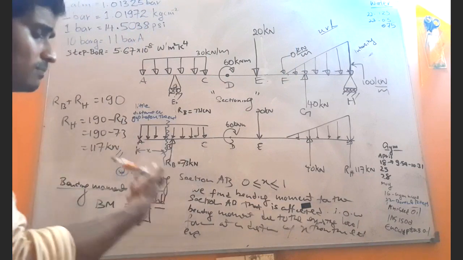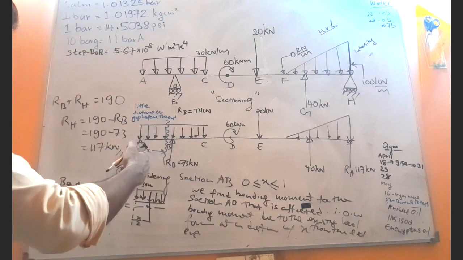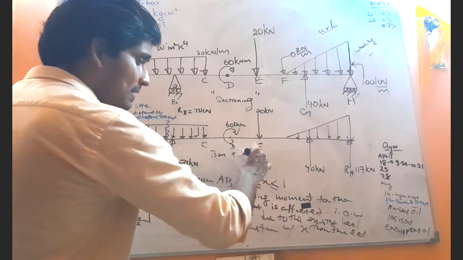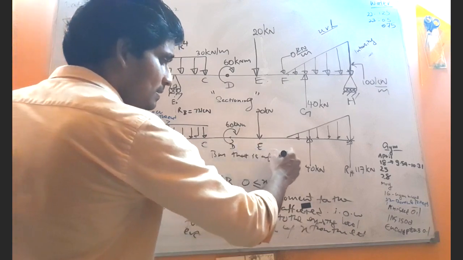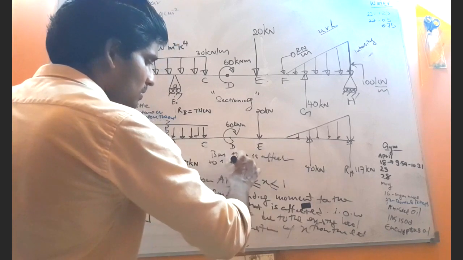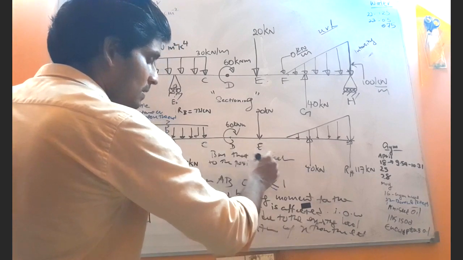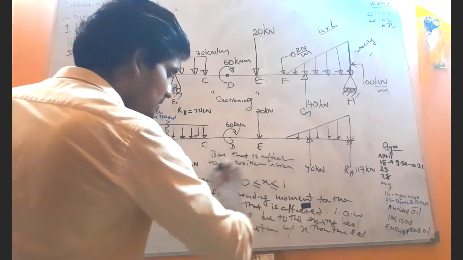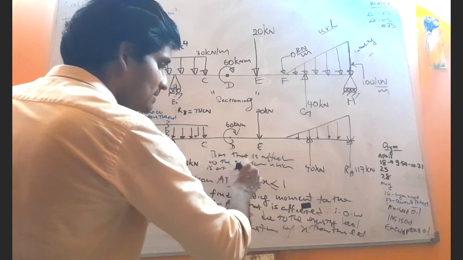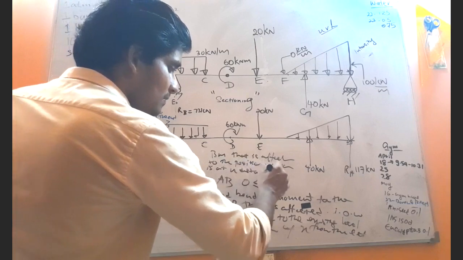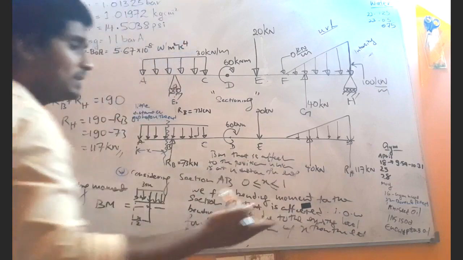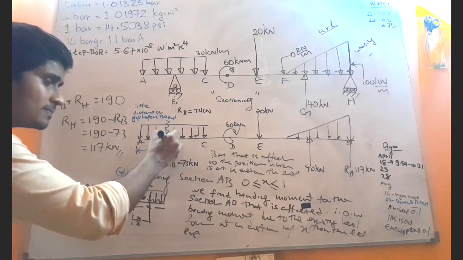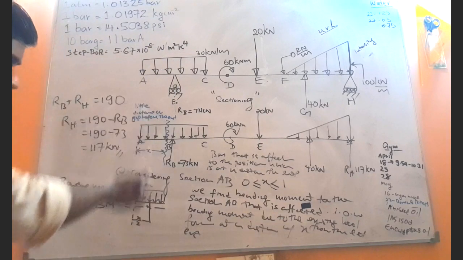Actually it is the bending moment that is affected to a position which is at x distance from the left. So that means you are going to find the bending moment due to the existing forces here, because of the distribution of force.